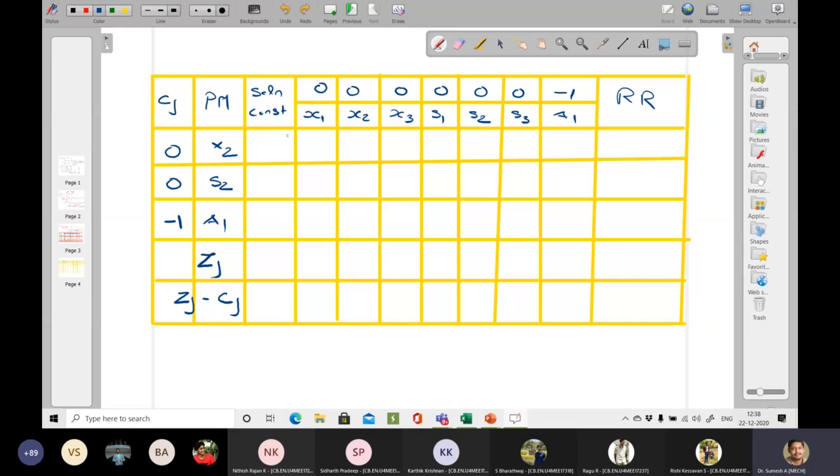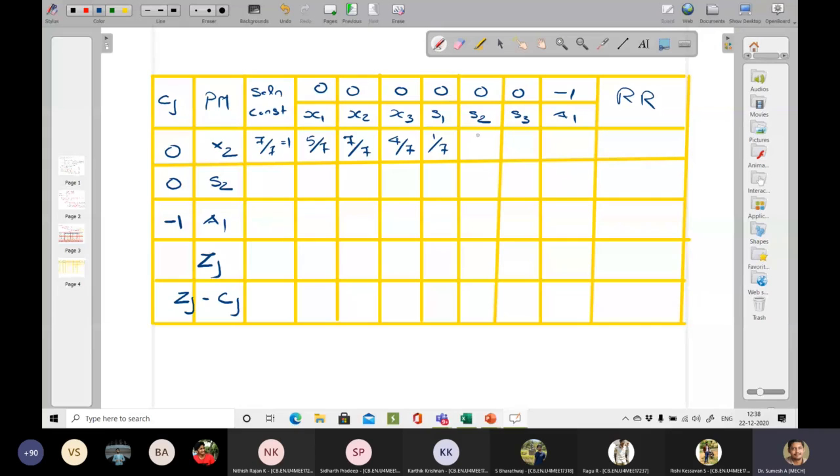It is 7 by 7, 1. X1 is 5 by 7. X2 is again 7 by 7. X3 is 4 by 7. S1 is 1 by 7.